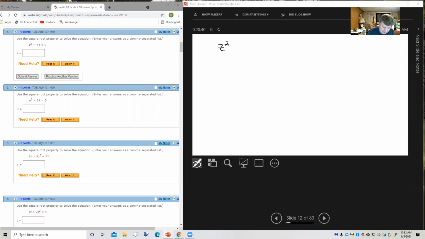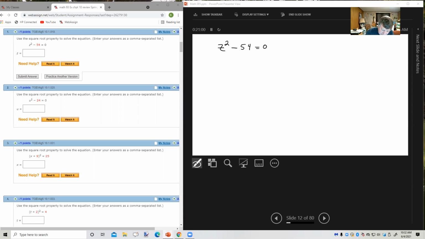Z squared minus 54 equals 0. So to use the square root property, recall we want to have a perfect square on one side of the equation that contains the variable and a constant or a number on the other side of the equation to start with.